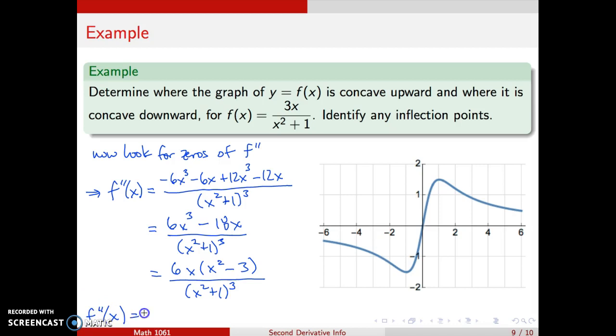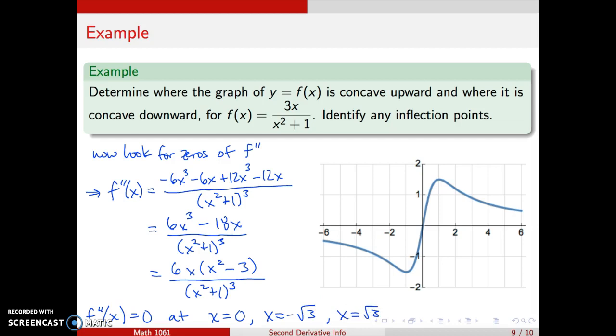So this equals 0 at x equals 0 from this factor, and then at the positive and negative roots of 3, so x equals negative square root of 3 and x equals square root of 3.